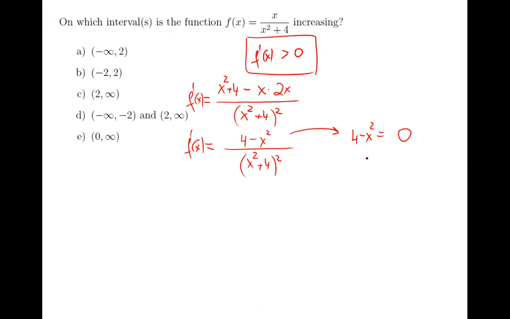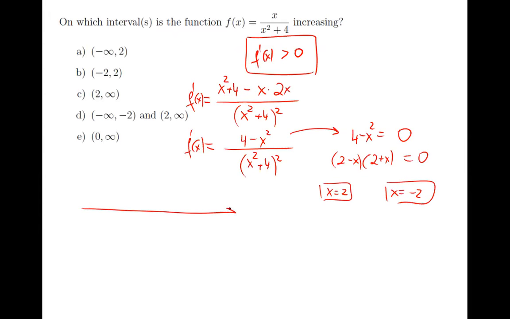This is 0 if I solve this way: x is 2 or x is negative 2. These are the critical points. Now I can test the derivative, because the derivative must be positive.